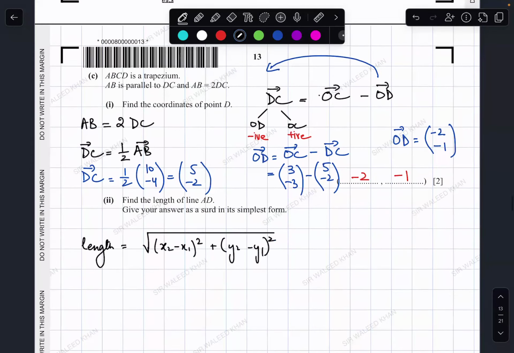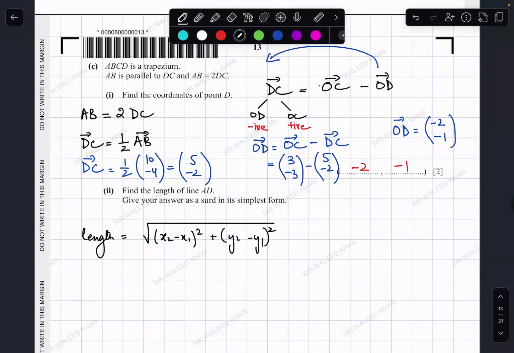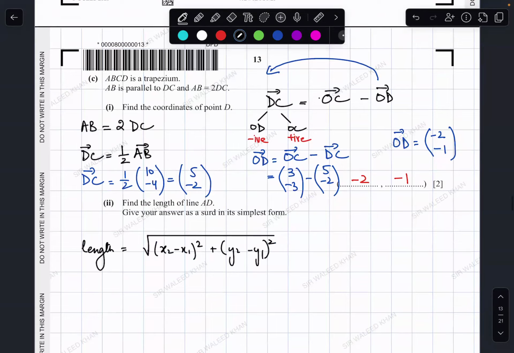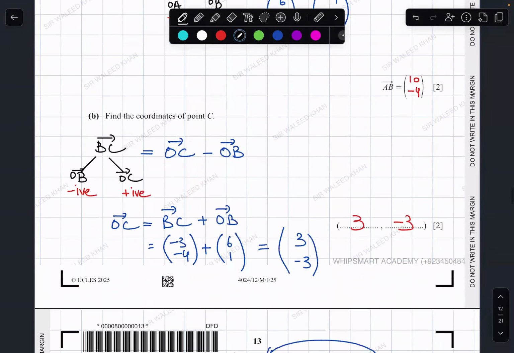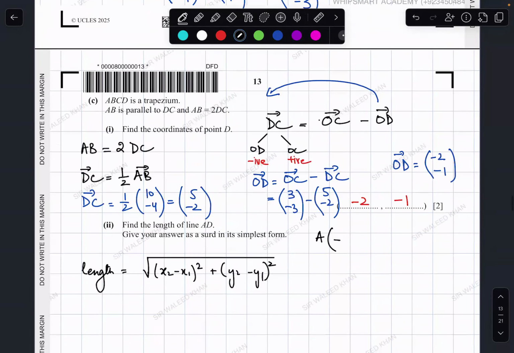So AD, where is AD? We have point A. Let me write the points. A is -4 and 5. And D is -2 and -5. So I can label it x1, y1, x2, y2.